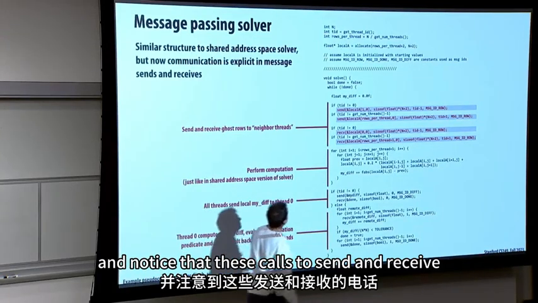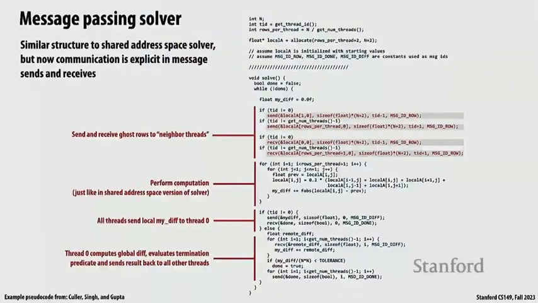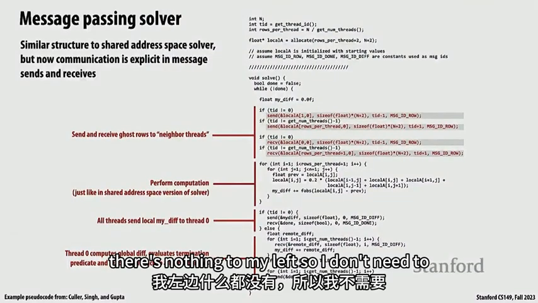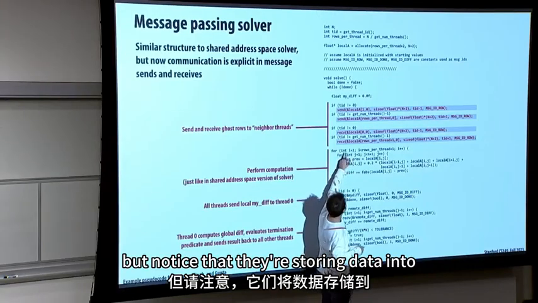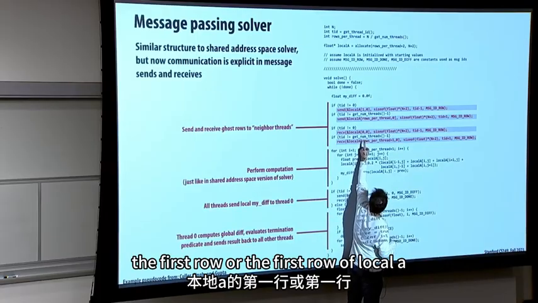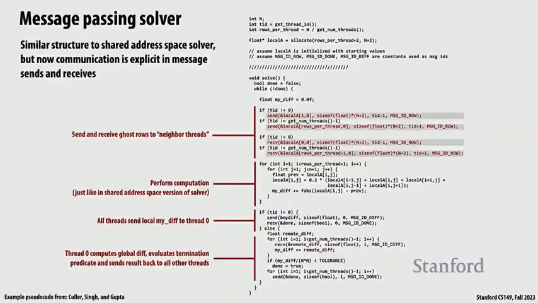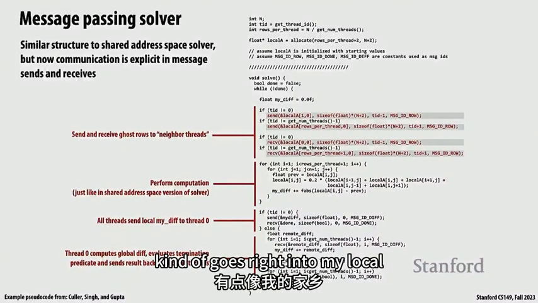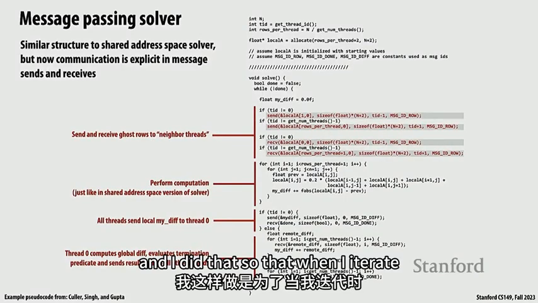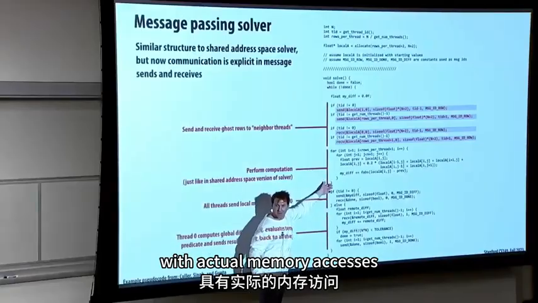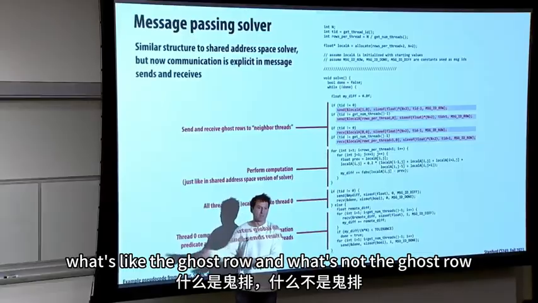And notice that in these calls to send and receive, the if statements are just, if I'm the first thread, there's nothing to my left, so I don't need to. But notice that they're storing data into the first row of local A, or in fact the last row of local A. So the data that I send and receive goes right into my local array at the top or the bottom. And I did that so that when I iterate with actual memory accesses, I don't have to differentiate between what's the ghost row and what's not the ghost row.